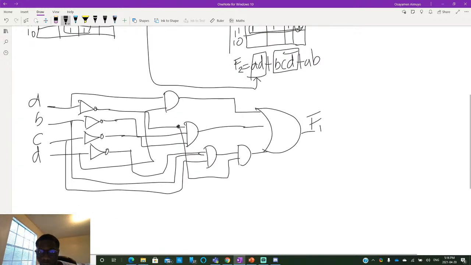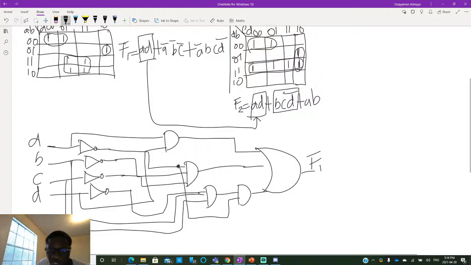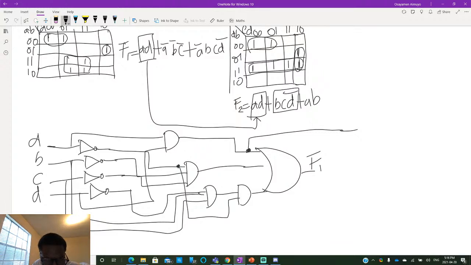And then for F2, we share, so we pick this term, which is AD, if I'm not mistaken. Yes, that should be the case. So AD, and then BCD bar, that has already been implemented. It was implemented here, if I'm not mistaken. So that's BCD bar, yes. So it's here.